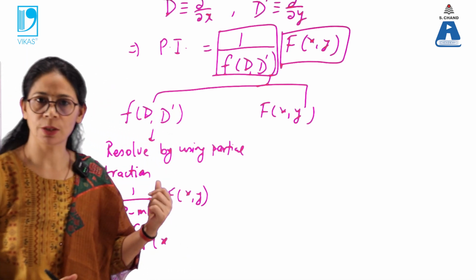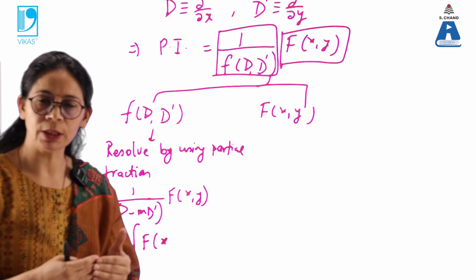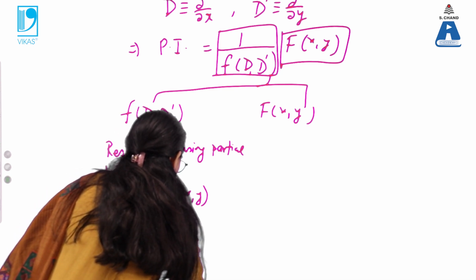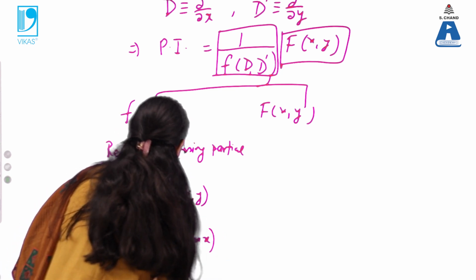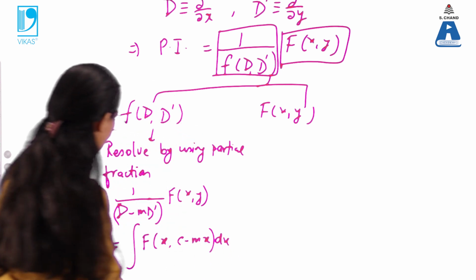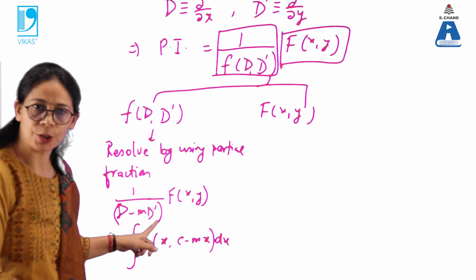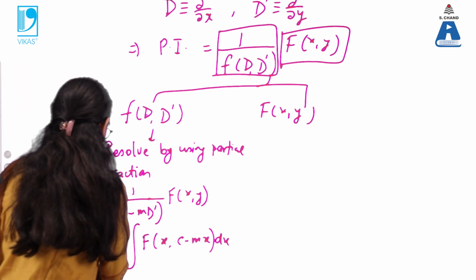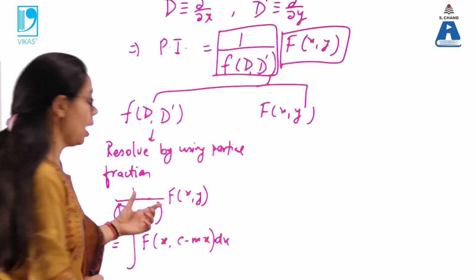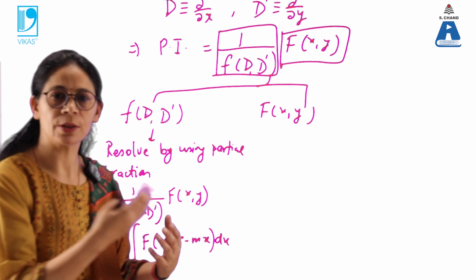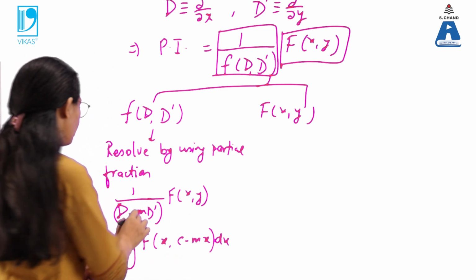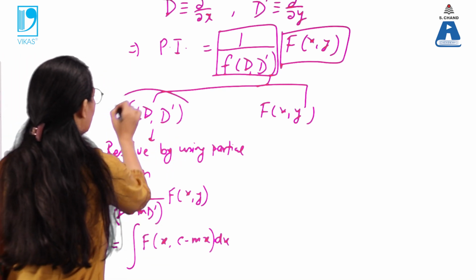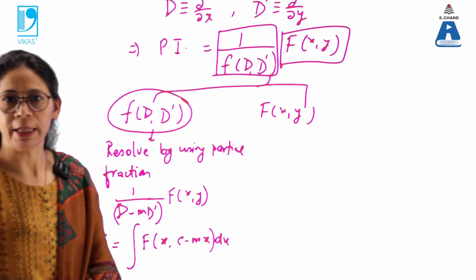Since we need to integrate one time, we need to convert y in terms of x. So y will be written as c minus mx, and integrate with respect to x. Such a function will be written using this relation, and then the integration can be taken, and this can be found as the particular integral. And one more part will also be there because it is a second order differential equation, so it will have two parts like this, depending upon f(D, D').